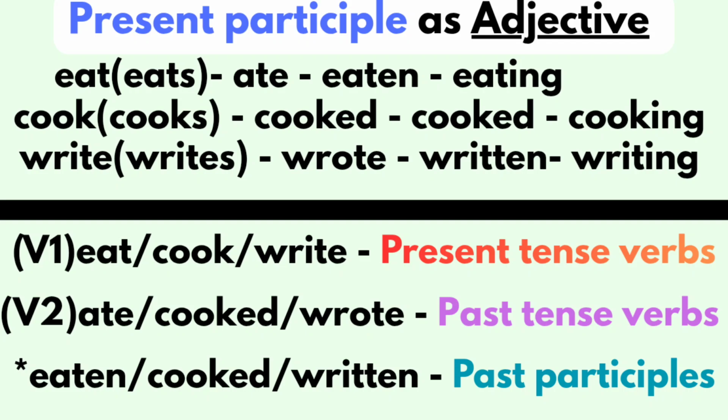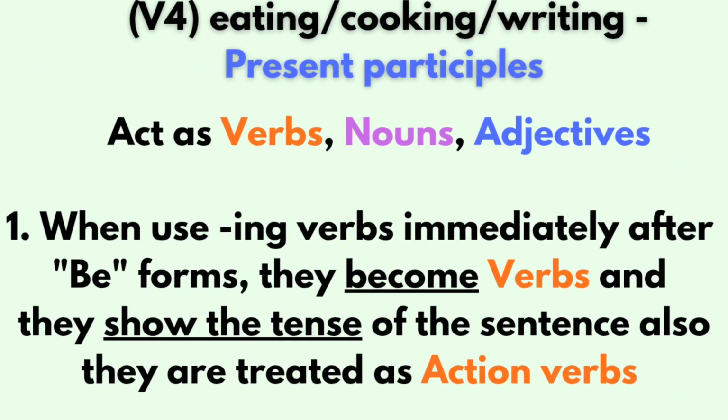V4 forms of verbs: eating, cooking, writing, playing, watching, listening. These are all present participles because they have different functions. They act as verbs, nouns, adjectives. You take any ing form of verb, it plays three roles: verb, noun, and adjective. We'll discuss one by one.